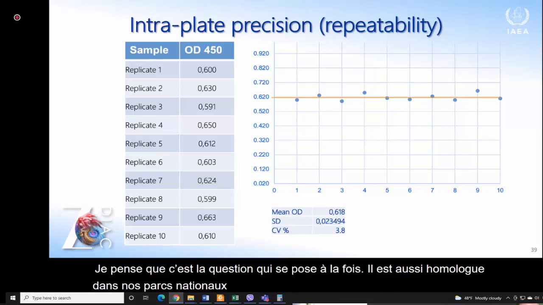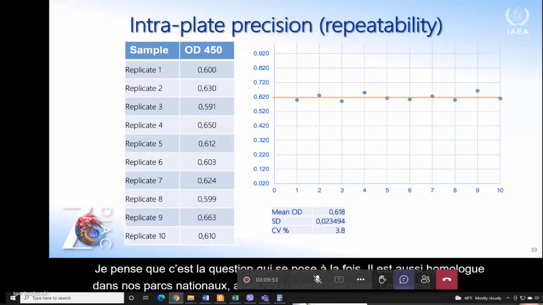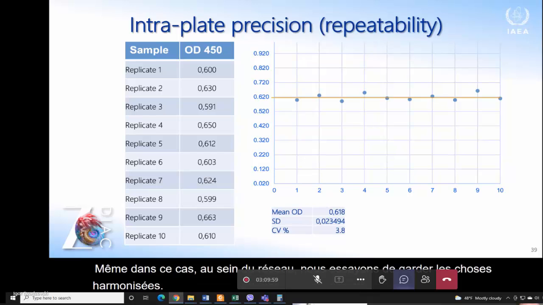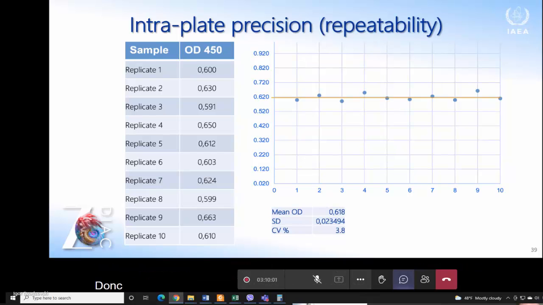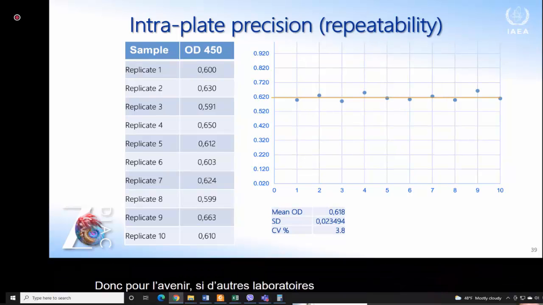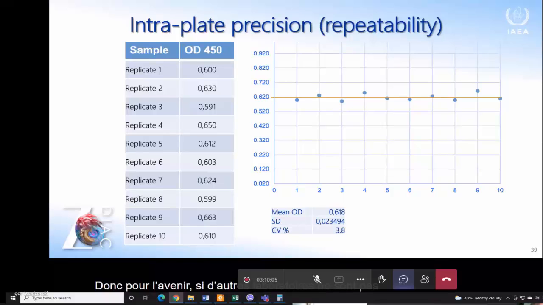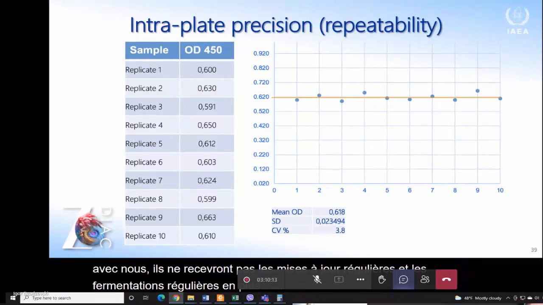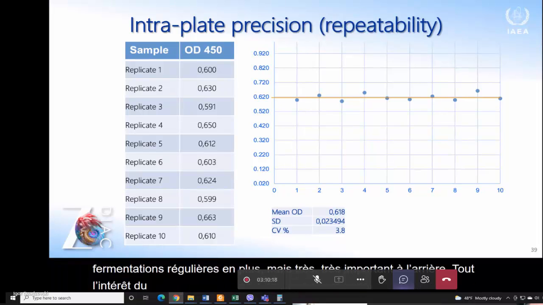The point is, within the VetLab network, we try to keep things harmonized. So for the future, if other labs are not in communication with us, they will not receive the regular updates and regular harmonizations. Additionally, but very important, the whole point of the VetLab network is that people can help each other.